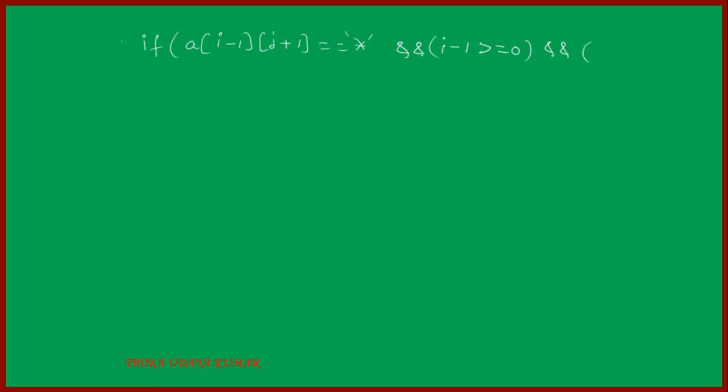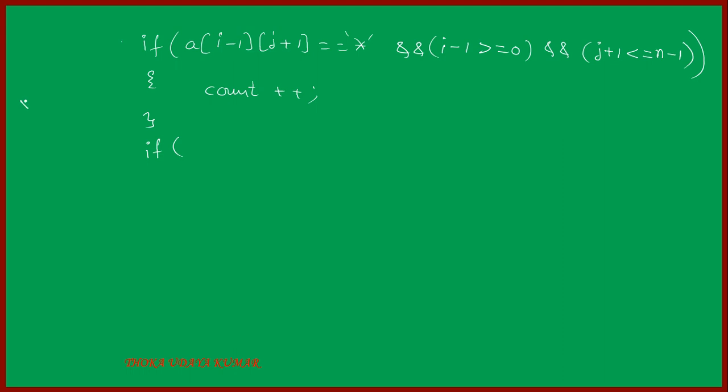Column size is n. So j plus 1 should be less than or equal to n minus 1. Then again increment the count. If there is a star, count will be incremented. If not, this will not be executed. 3 over. Now let us go for the fourth one.